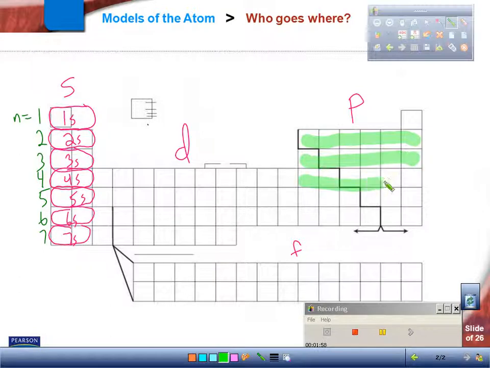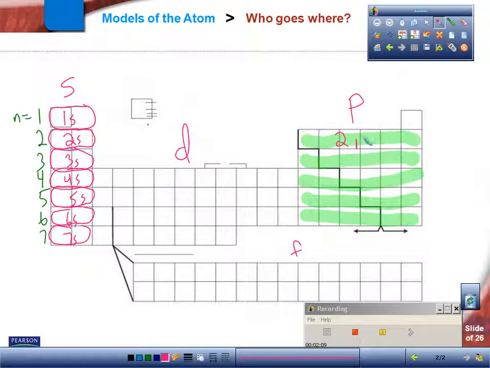So I have 5 different P blocks. And so this is my second level P block, so this is 2P. This is my third level P block, that's 3P. My fourth level P block, and 5 and 6.